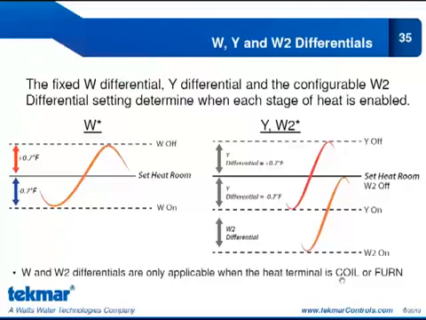So when will your W2 turn on? It'll turn on minus 0.7 plus your W2 differential below the set heat room. When will it turn off? Once we're at the set heat room. So this differential is entirely below the set heat room value.